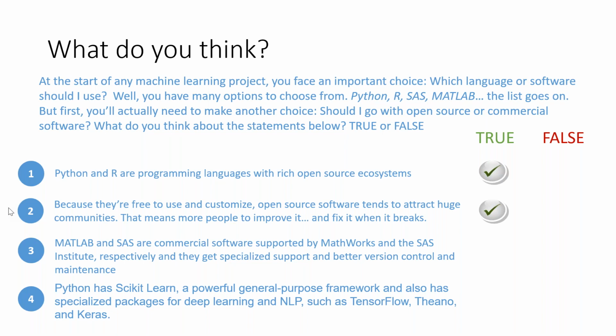So there is a commercial organization behind these technologies, and they have a good roadmap, and they have a lot of money. Anyway, they make money by selling this technology. So they have much better specialized support in case you are stuck somewhere, and also better version control and maintenance. Do you agree or not? Yes, it is true. That is why, especially some client organizations want to depend on a very solid, stabilized technology platform so that they are not unnecessarily caught with unknown issues with an open source technology.